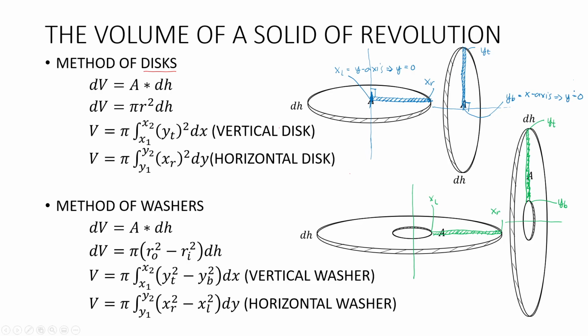Okay, so for the washer, the x right and x left equations are given equations. The same for the washer in the vertical aspect. All right, so again, these are all perpendicular to the axis of rotation. Let me write it here so that you can review it later. Perpendicular to the axis of rotation.